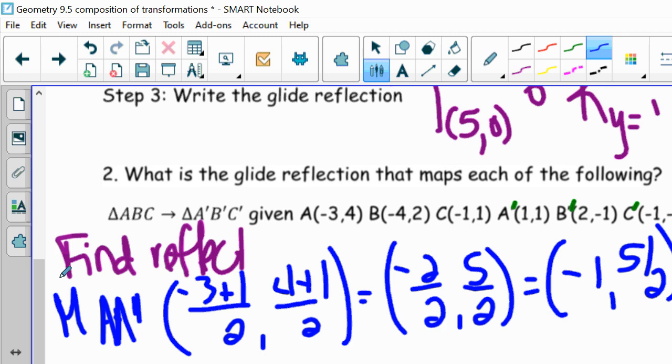Pick either B or C. Let's say I'm going to do C this time. C and C double prime. So -1 plus -1 cut in half, and 1 plus -2 cut in half. So here I get -2 divided by 2, and -1/2. So again, I get -1, -1/2.